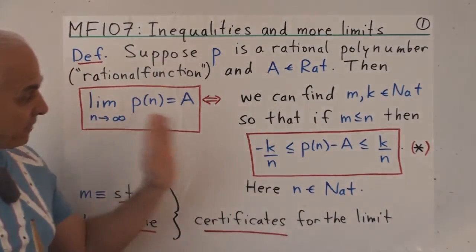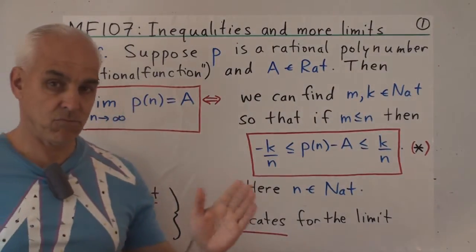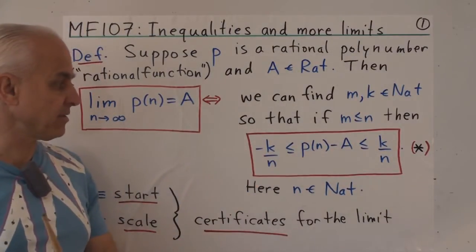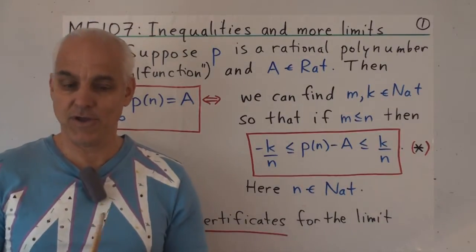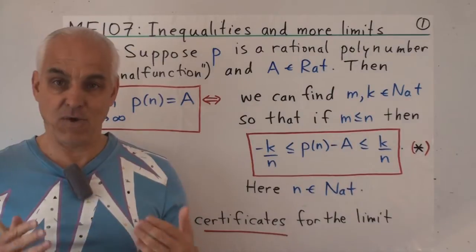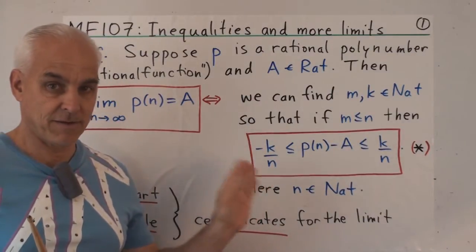But I think this definition is accessible to even ordinary students. The logical structure is not that difficult, and we'll see that in practice it's not too hard to work with this.